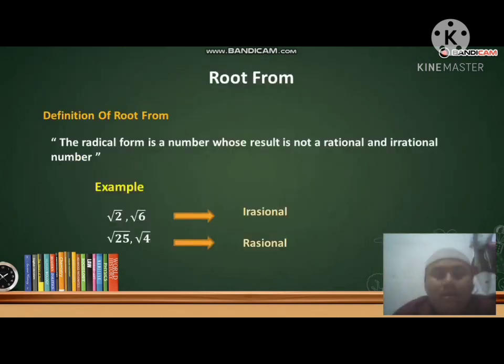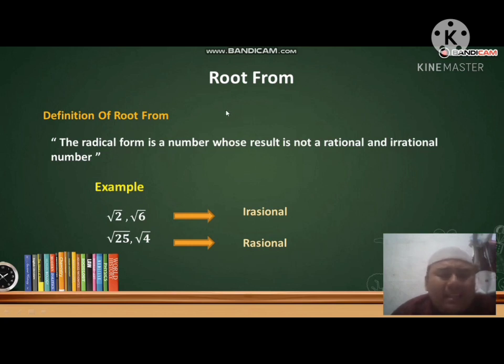Okay friends, after we discussed the material about the power form, now we will discuss the material about the root form.